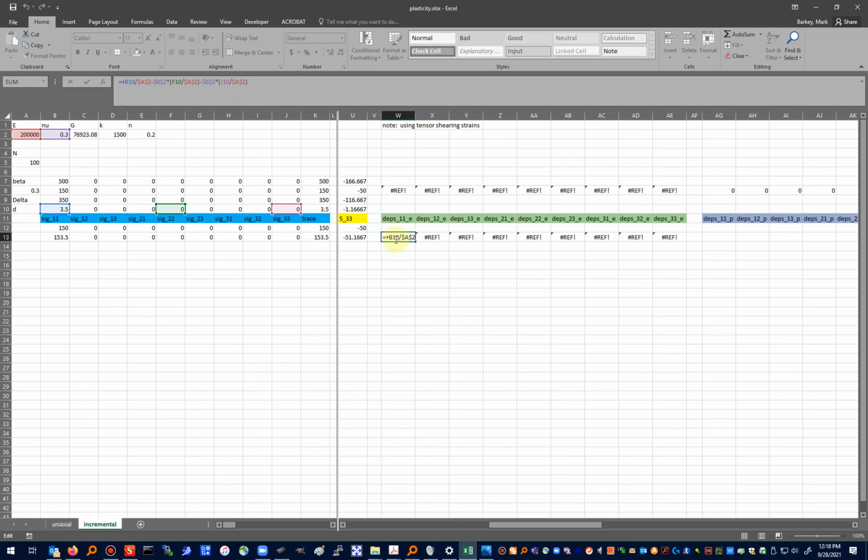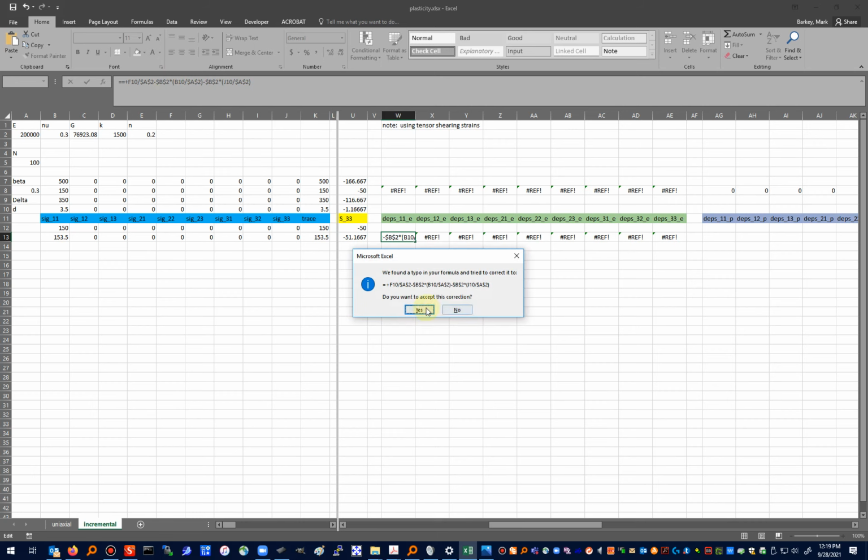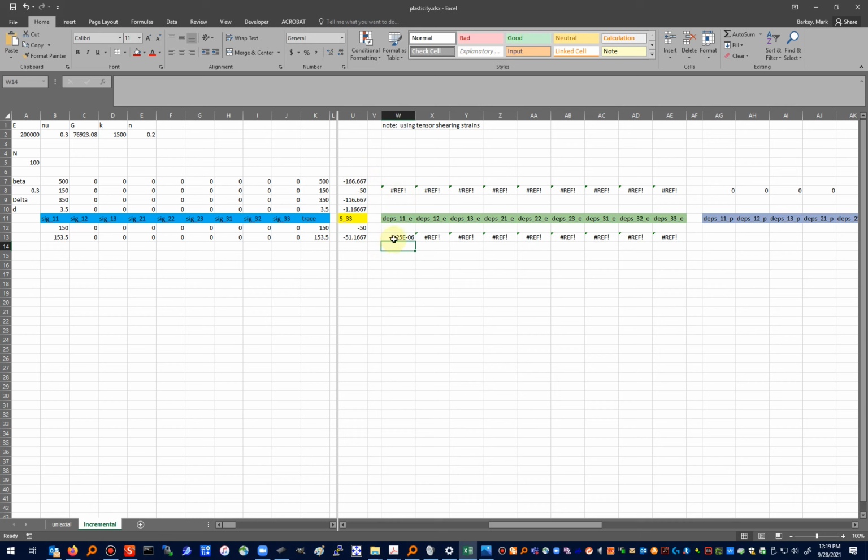The increment of elastic strain is the same for each increment if we use a fixed incrementation. Let's copy this formula. We're going to do what we did before. Let's go over to the 2-2 term. And it's going to be F and B swapped. Oops.